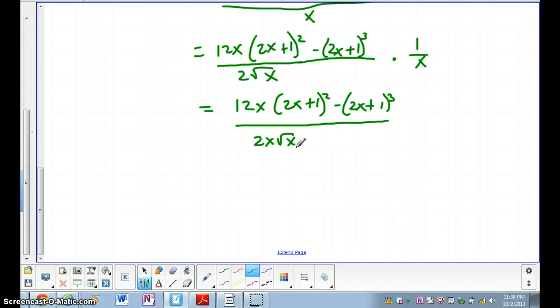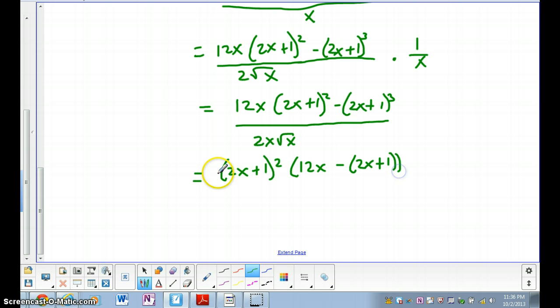So let's first factor out 2x plus 1 squared, because both items have that. If I factor out 2x plus 1 squared, I'll be left with 12x minus a 2x plus 1, all over 2x square root of x.